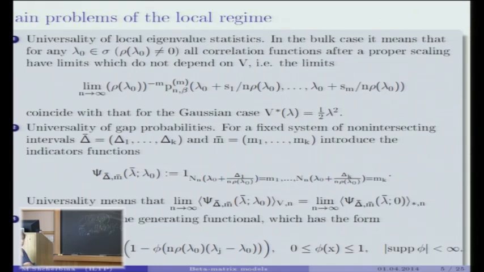The first one was obtained in the papers of Erdős, Yau and Bourgade, in a number of papers between 2011 and 2013. So what is new is the methods, and maybe these results are new, but I'm not sure about it. Is it new work or not?